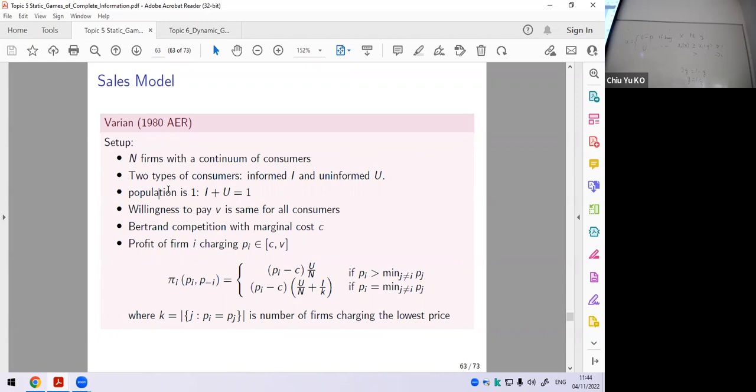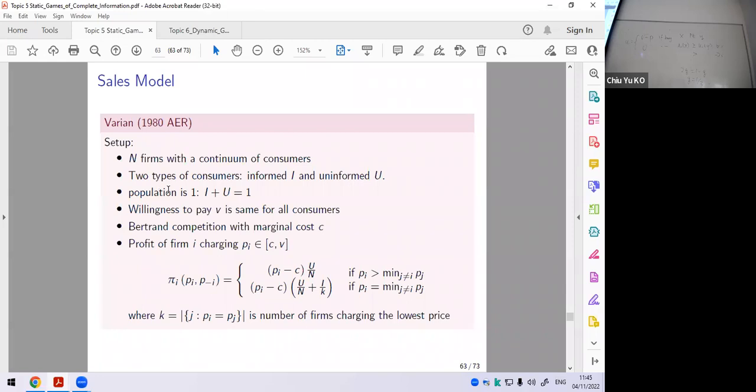Those are the diehard friends. Because there are N firms, everyone gets U over N. But if you are one of the lowest, you also get the people who keep searching, if there are K of them, divided by K. You know the setup.